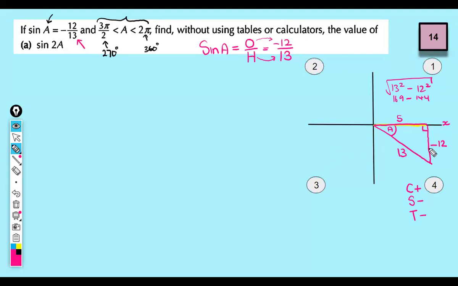Right? And this minus 12 makes sense, right? Because this vertical line is below the x-axis, or another way of looking at it, this minus 12 is parallel to the negative side of the y-axis. So that is why it should be minus 12. The hypotenuse will always be positive, no matter where it lands, right? That's an important thing, and the hypotenuse is always positive, always, always.